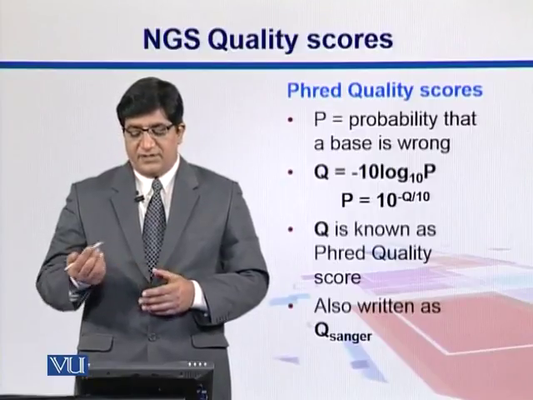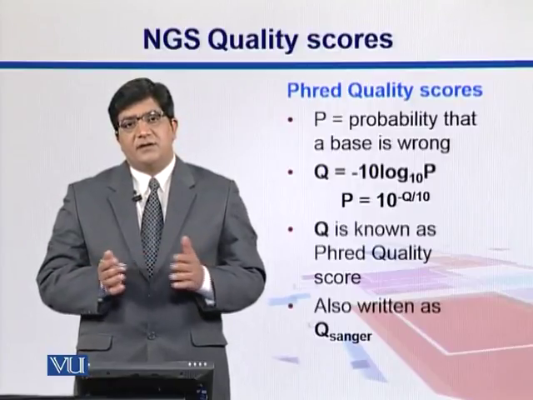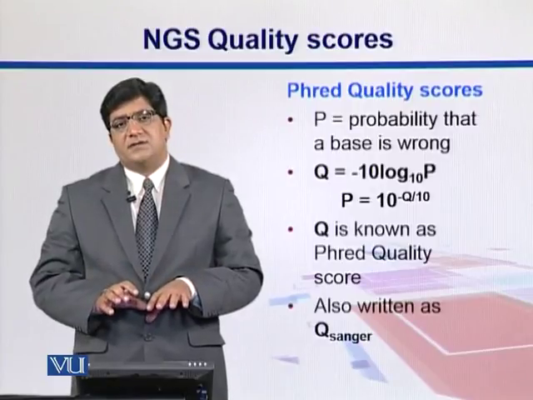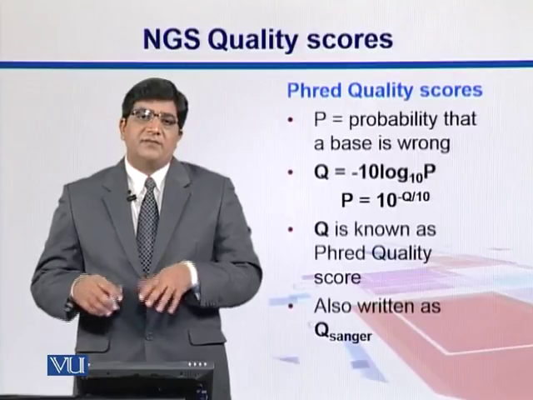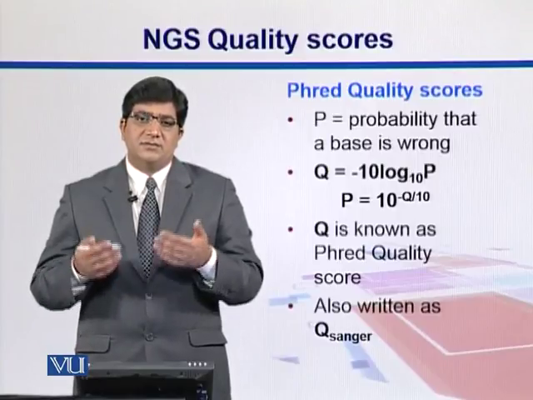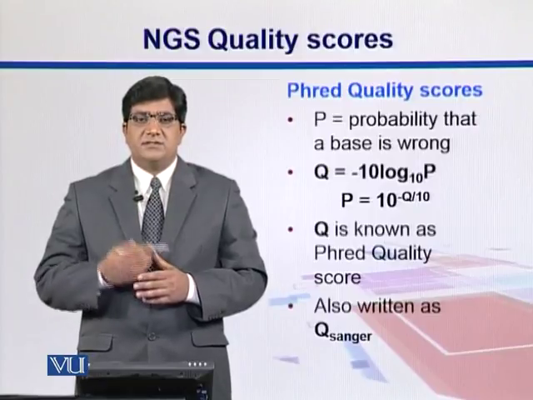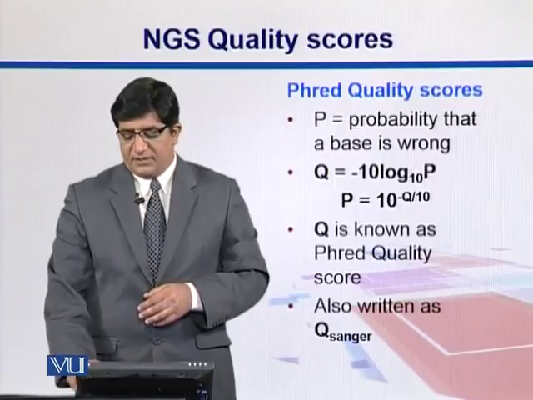Q is also known as the Phred quality score. It is commonly called Sanger or Q Sanger if we are fitting this equation, since it was written for the first time when they had those automated sequencers doing Sanger sequencing. That's why it is represented as Q Sanger.